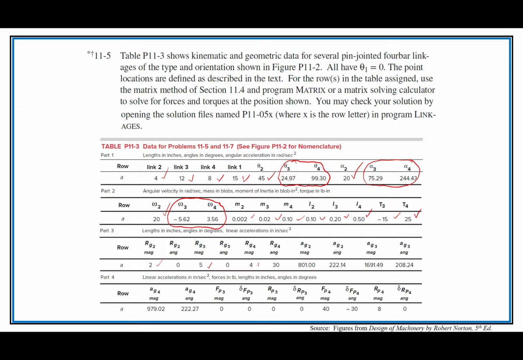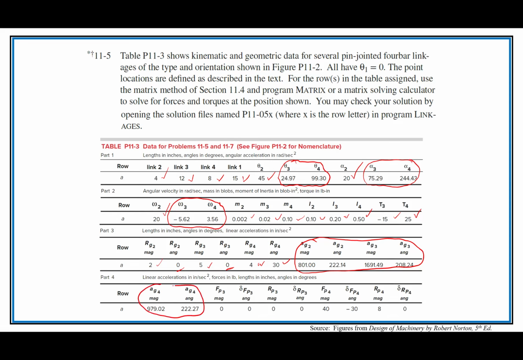And apparently, at least on 2 and 3, they're right on the center line because the angle is 0 here. But they are a little off right here for link 4. These accelerations, all of these, we could find for ourselves, including down here.